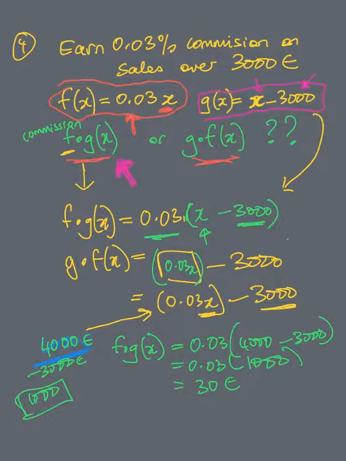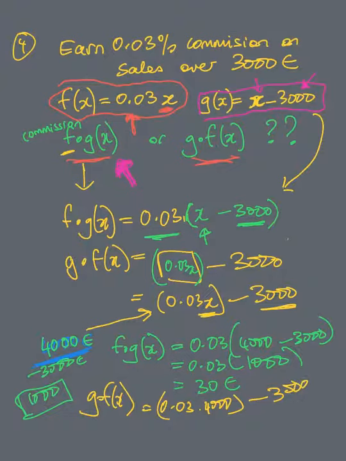Okay, so what happens with the other one? Well, the other equation, g of f of x, is going to be 0.03 times 4,000 minus the 3,000 euros.